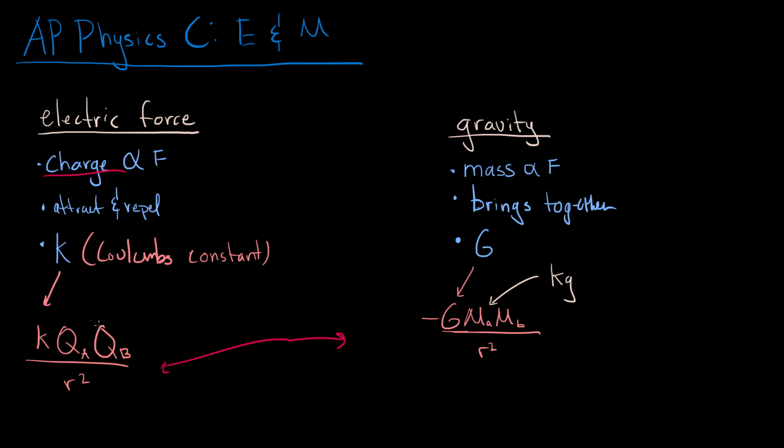On the other hand, charge is measured in a unit called coulombs. And you can certainly tell that Coulomb was this French scientist, and he clearly did a lot of good work, which is how he got his name on so many things. But coulombs is just a measure of charge.